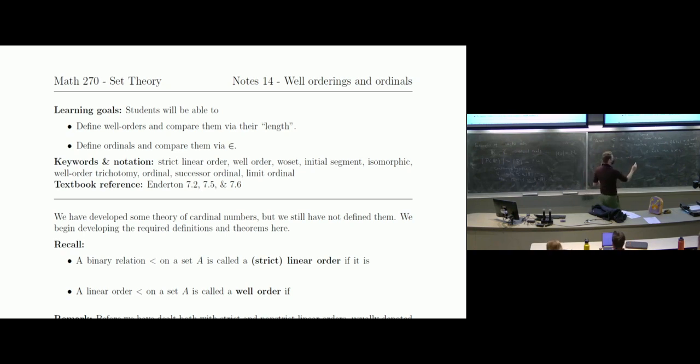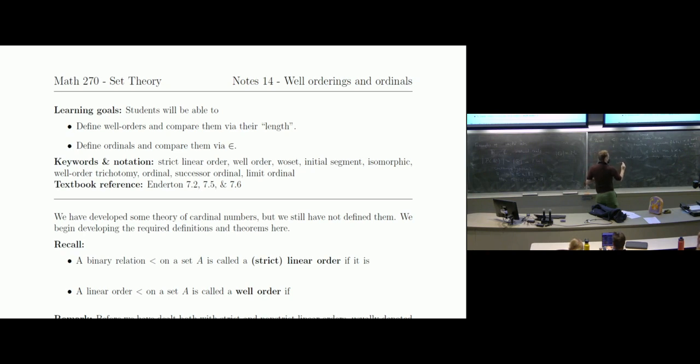But it's a well order if it is linear and the well order part. So the well order part for the natural numbers, that's the same as the well order part for this.